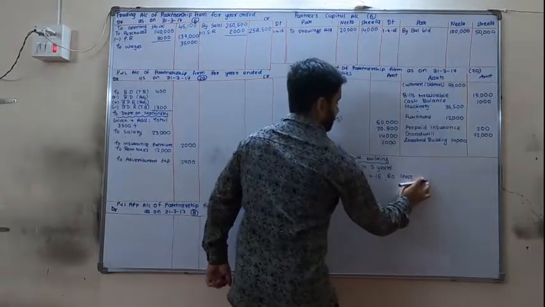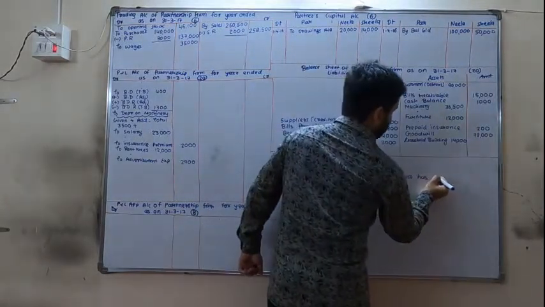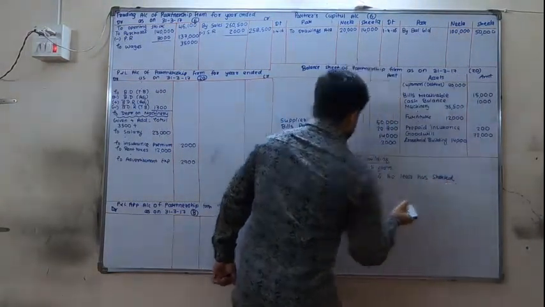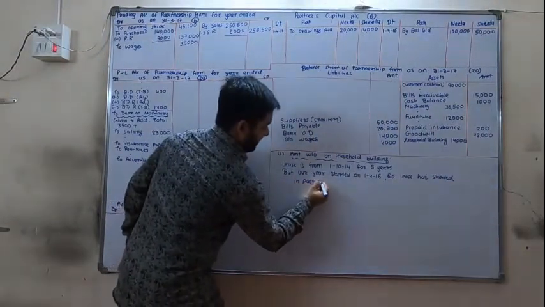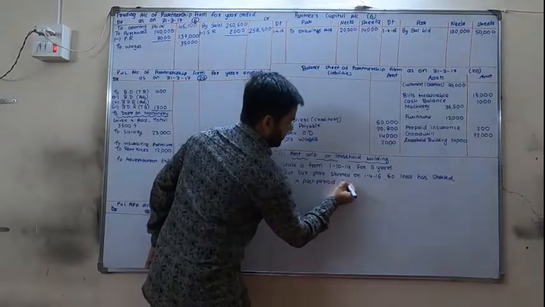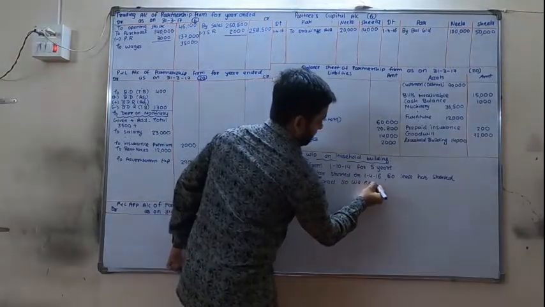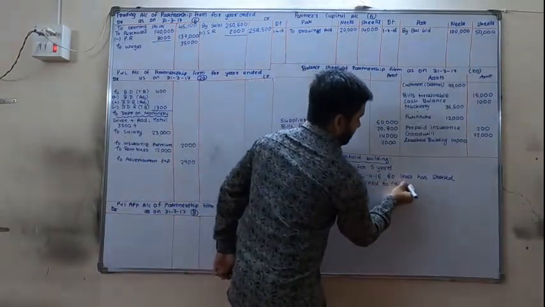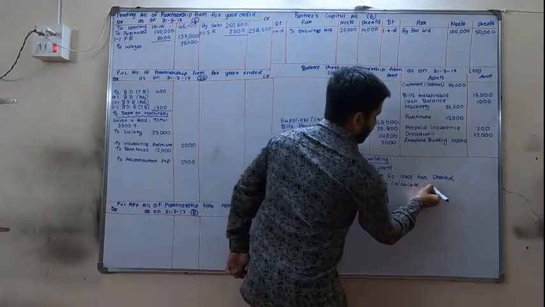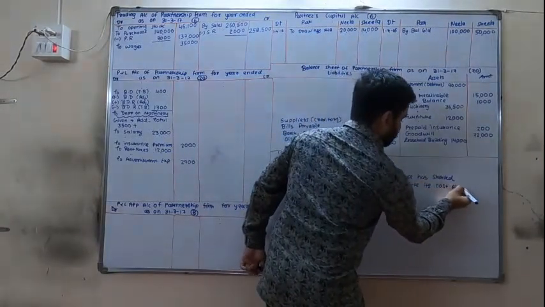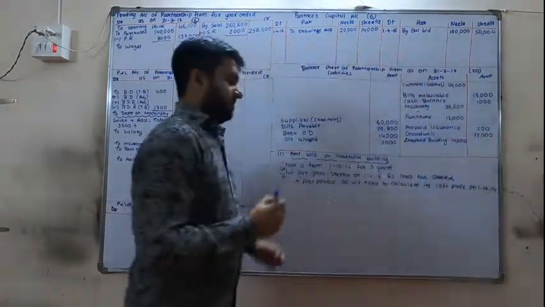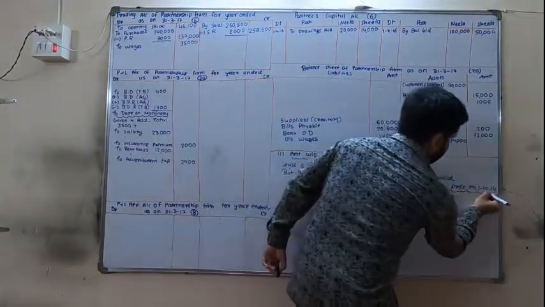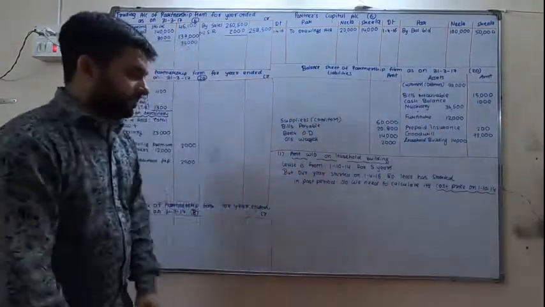So the lease has started in a past period, so we need to calculate its cost price on 1/4/16, and I am underlining the main thing, cost price on 1/4/16.